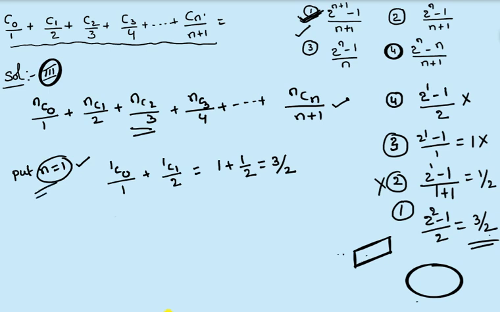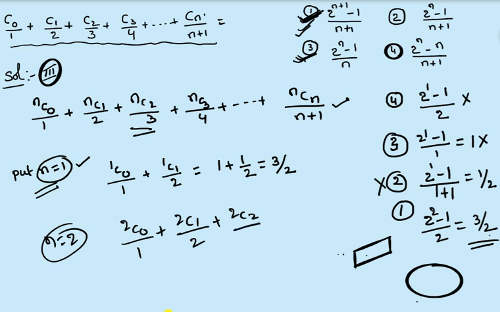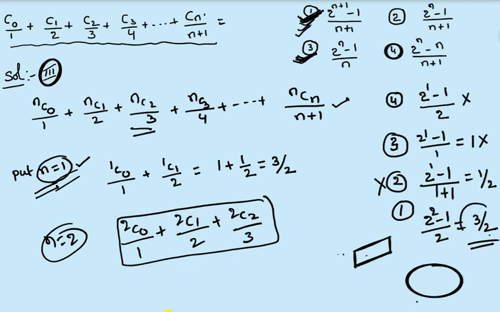Suppose n equals 1 we are taking, and the first option and third option both satisfy. Then what to do? Take n equals 2, that means 2C0 divided by 1, plus 2C1 divided by 2, plus 2C2 divided by 3. Whatever value we get here, because for n equals 1 the first and third options gave the same answer 3 by 2, we have to go for n equals 2 verification.